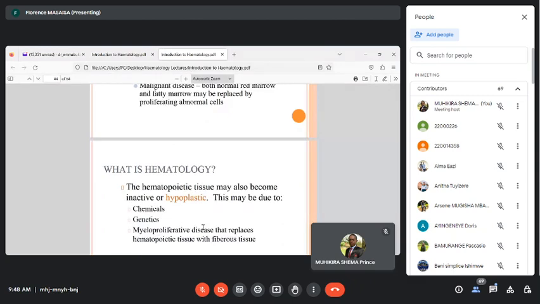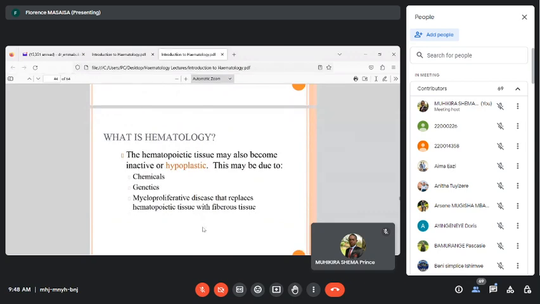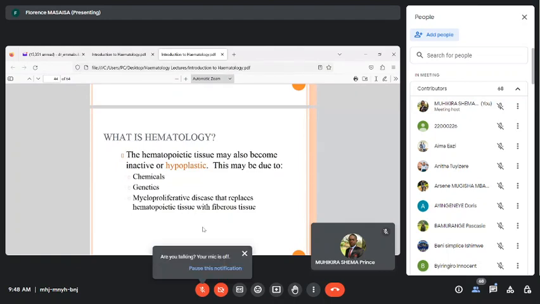The opposite is hypoplastic marrow, meaning any condition, especially environmental conditions, which also play a role. For example, any chemical exposure to the bone marrow, or any genetic issues like mutation and so on. We have also myeloproliferative diseases, when the bone marrow is in overproduction for a long time.